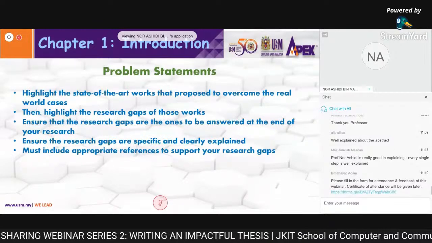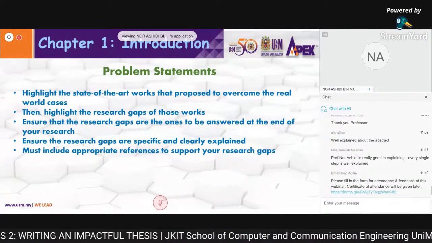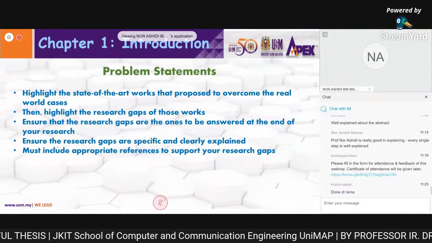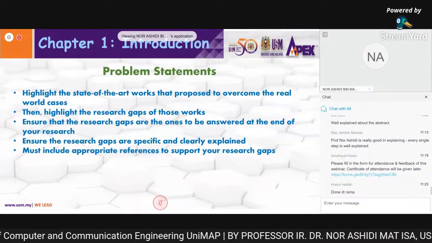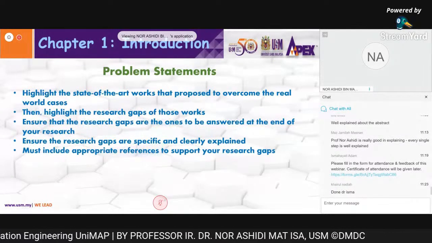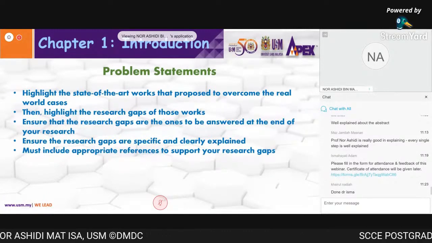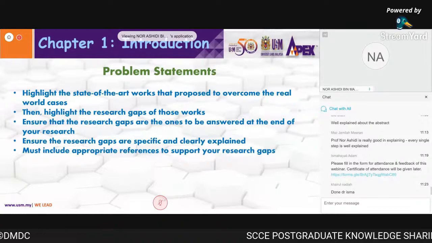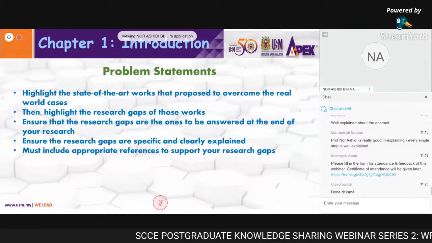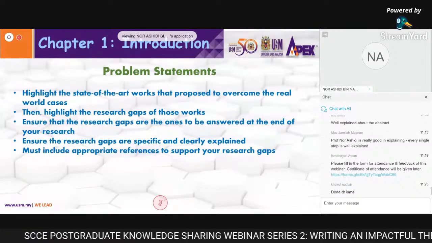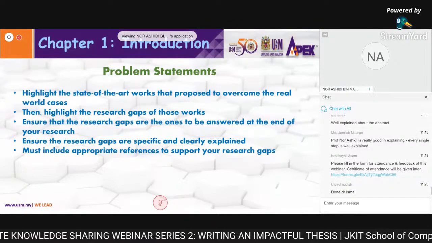But what are their problems? Their problems are actually your specific research gap. You want to make sure that your technique is better than them. So your research gap might be related to the state of the art methods, not the real world scenario. Okay, so I hope that you understand the difference.